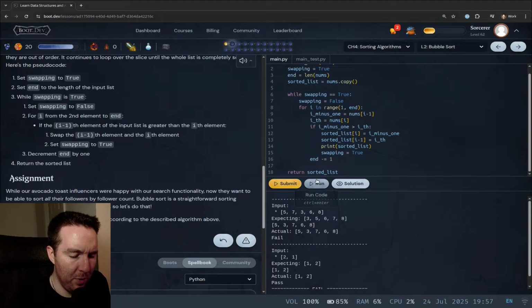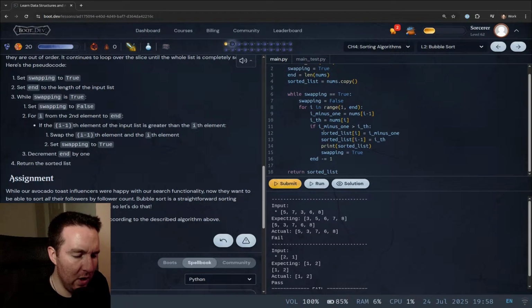But that doesn't work yet because basically we swapped those two. We swapped 3 and 7, but it needs to swap them again. So it needs to go back round again.